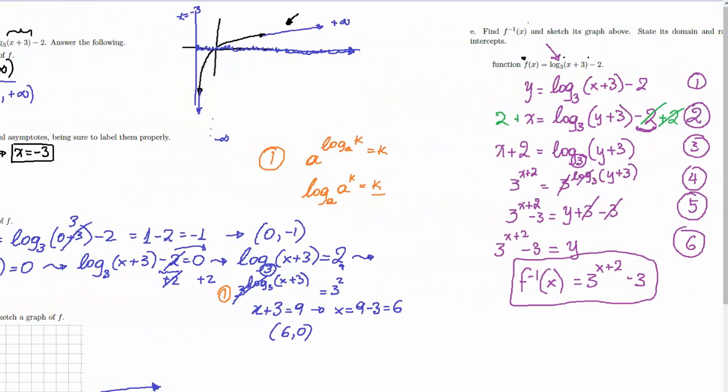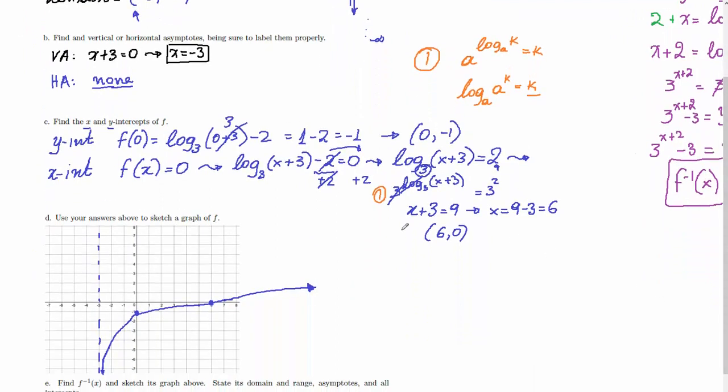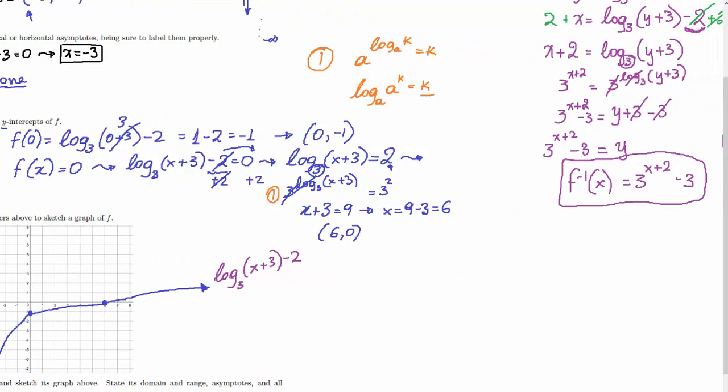So going back now to our graph, and this is the graph of the initial function that I had, the f of x. I may want to now graph the inverse of this function on the same graph.